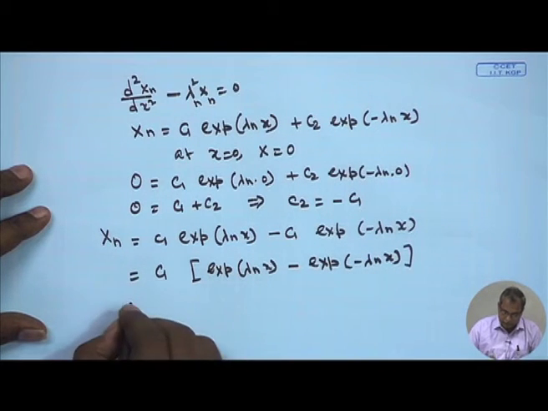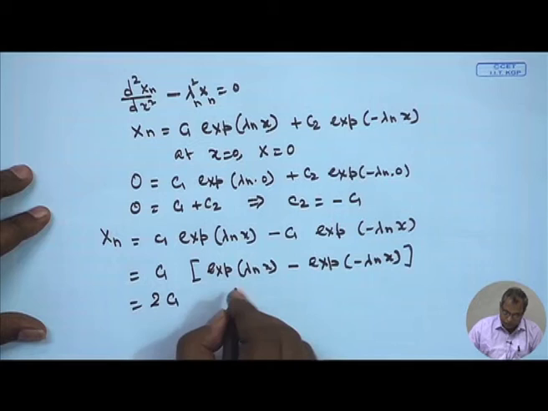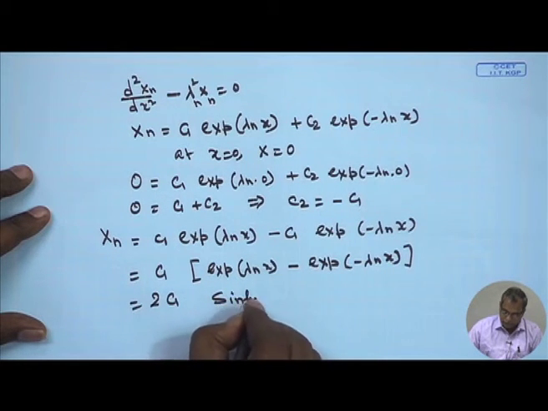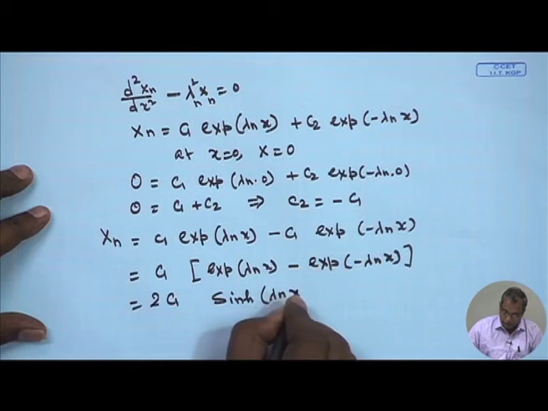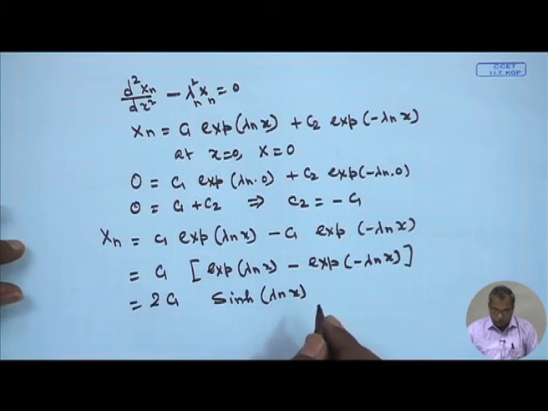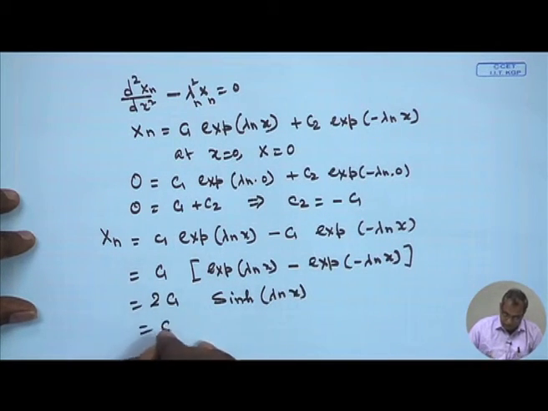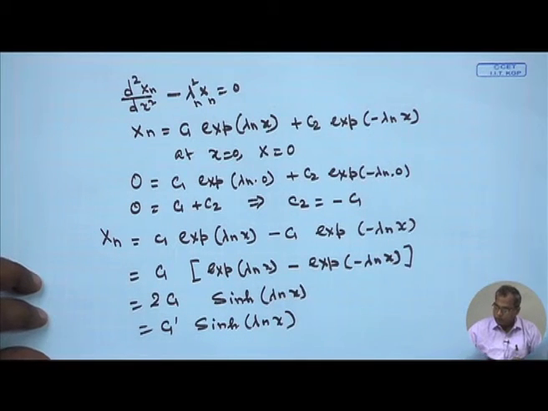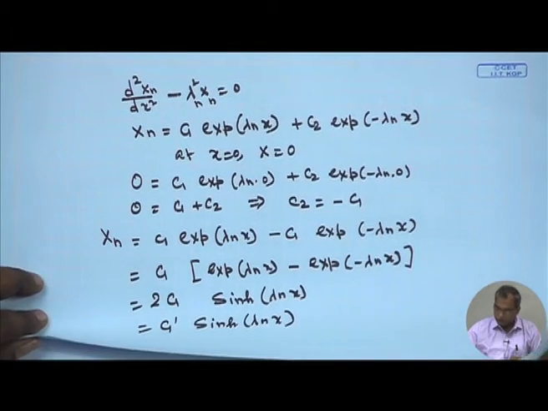We multiply and divide by 2, so 2c1 times a hyperbolic sine function, sinh(λn x). This will be a new constant, say c1' sinh(λn x).